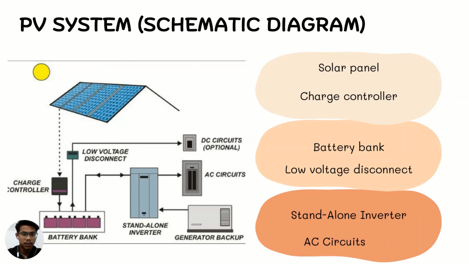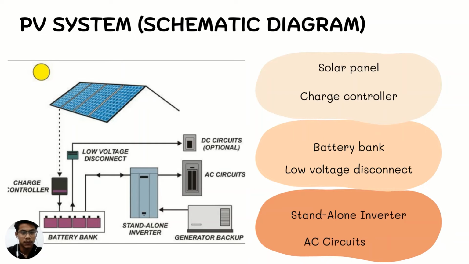This is the schematic diagram for the PV system used in this project, which is an off-grid solar system with battery storage. The PV system starts with a solar panel, which absorbs the light from sunlight.